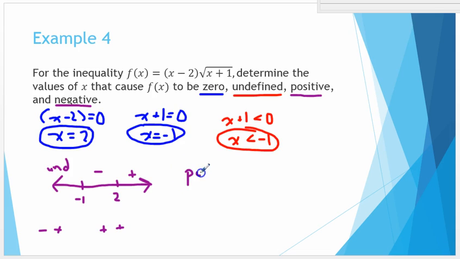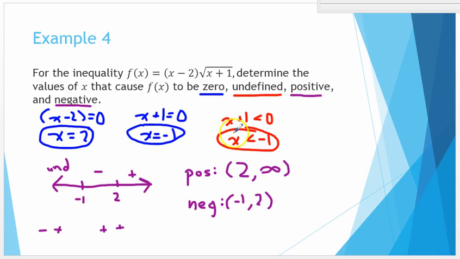So now I can say that the positive sections of the graph are all of the values that are greater than 2, but not including 2. Otherwise, I would need to use a bracket. And the negative values are all of the values in between -1 and 2. But again, we're not including those endpoints.